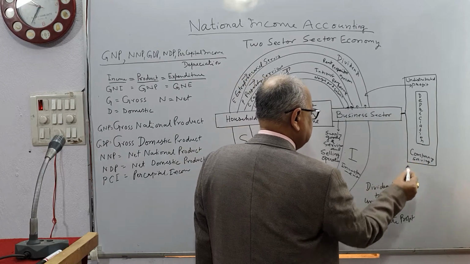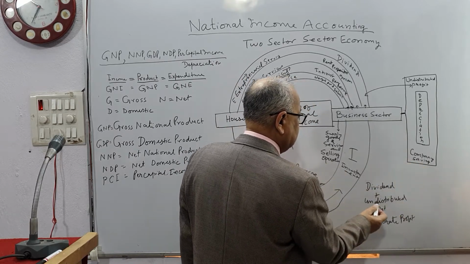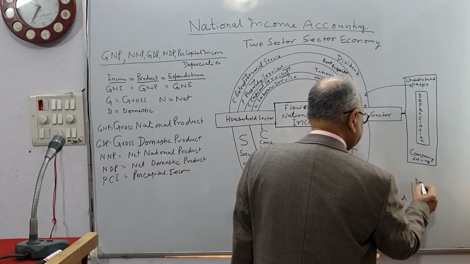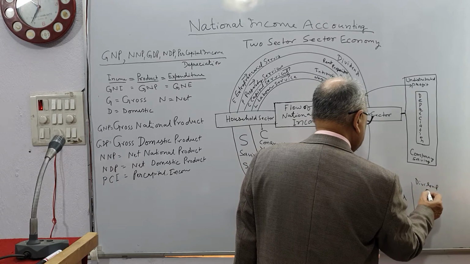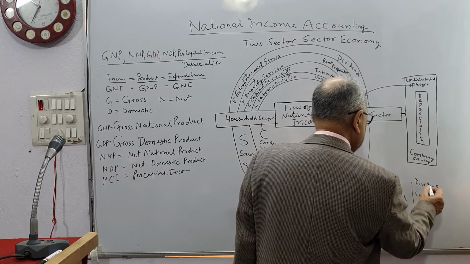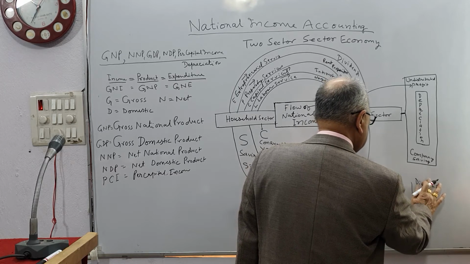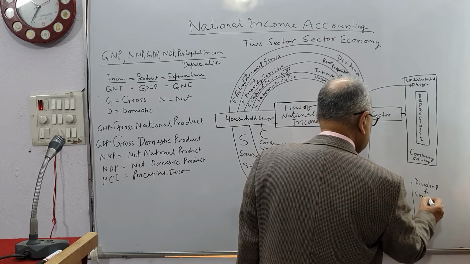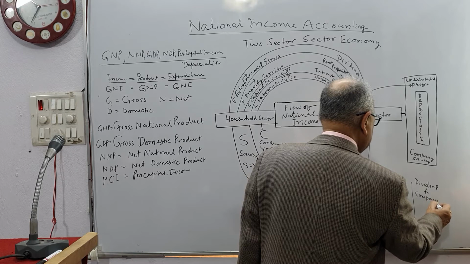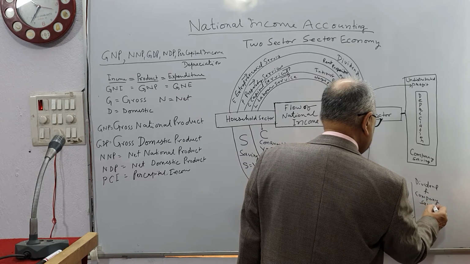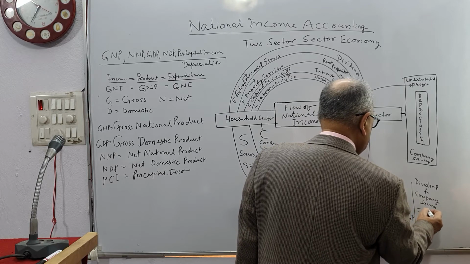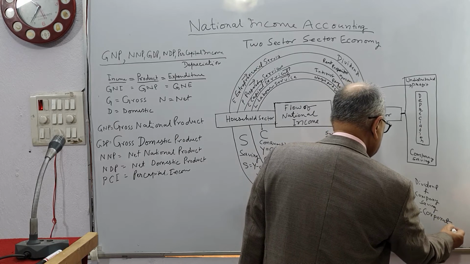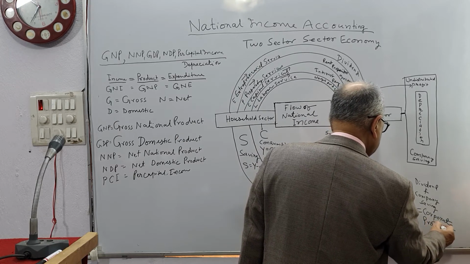Again, there is a term company saving. This is a substitute term for undistributed profit. So we can write here also dividend plus company saving is equal to corporate profit.